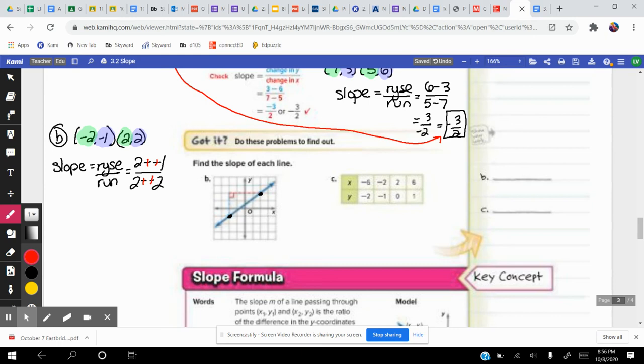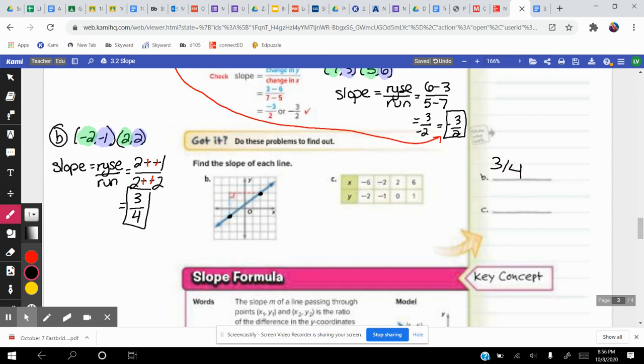Same thing in the denominator, I add, make it a plus 2. So this simplifies down to 2 plus 1 is 3, divided by 2 plus 2 is 4. So for letter B, you have 3/4 as the slope. Put that on the right side.